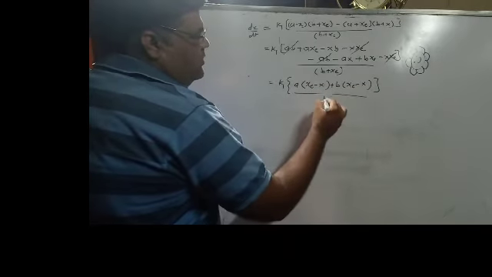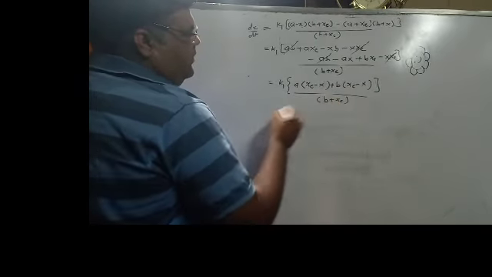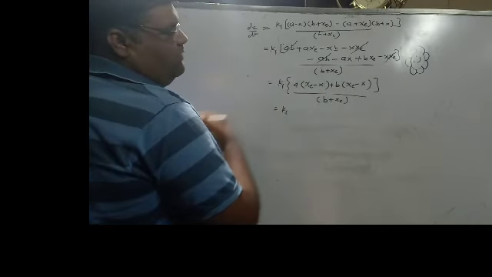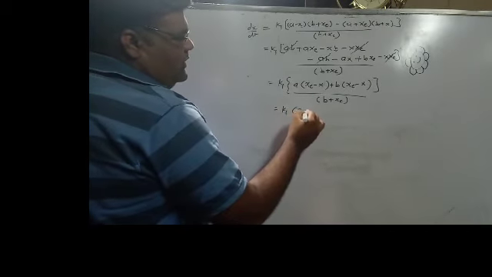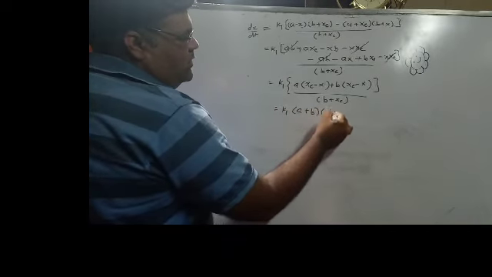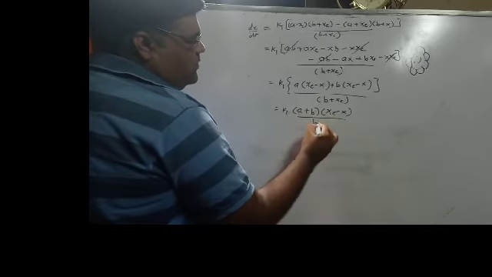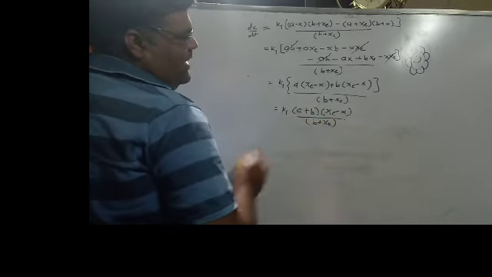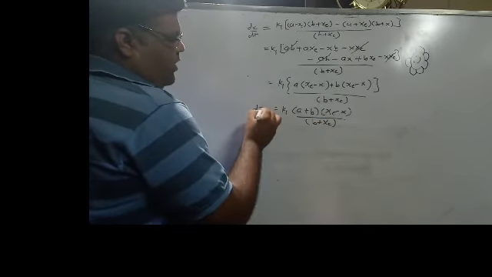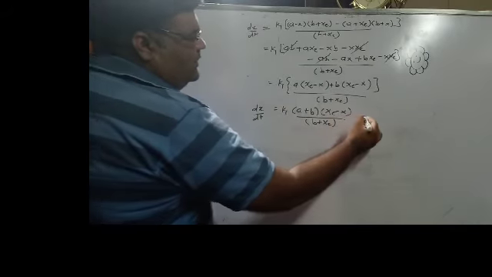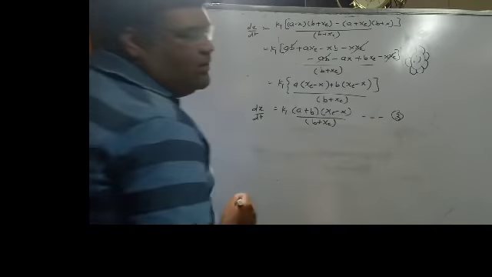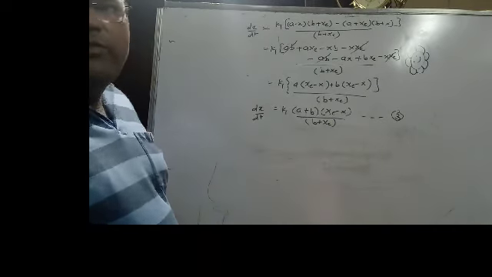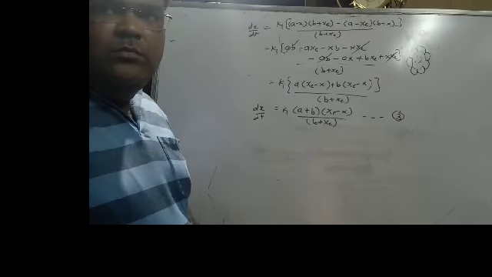So again we will take K1, (xe minus x) will be common, so it is (a plus b)(xe minus x) upon (b plus xe), that is the value of dx by dt, and that is our equation number 3.